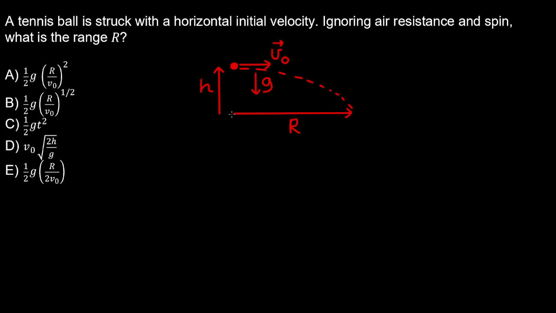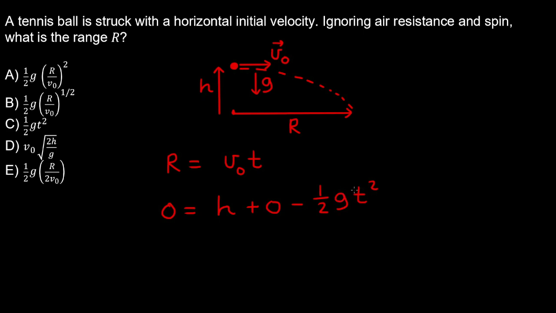So our projectile motion equation in the horizontal direction is the range being equal to the initial position plus the initial velocity by time. And in the vertical direction, we have our final position at y equals 0 is equal to the initial position plus the initial velocity in the vertical direction, which is 0, by time t, minus 1/2 by the gravitational acceleration by time t squared.